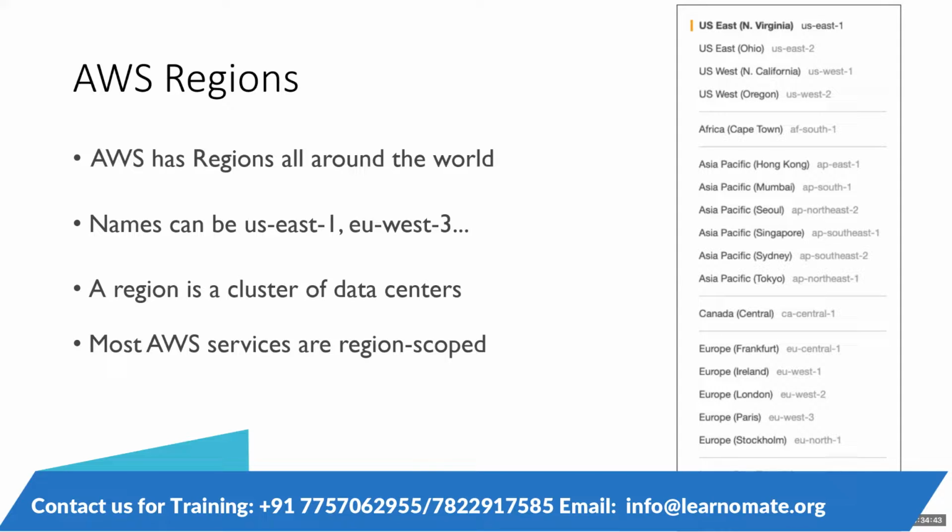When I say region scoped, we can use one particular service in different regions, but if you have a resource in one particular region, you cannot see that resource in another region. It is bound to that particular region and stored in that region's data centers at the backend. That is the region based scope.